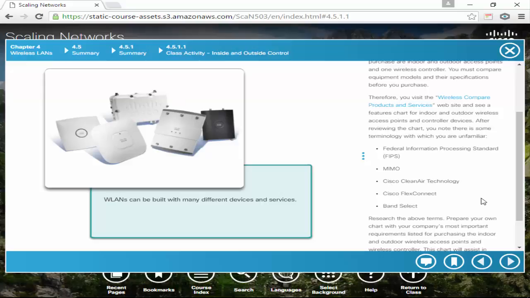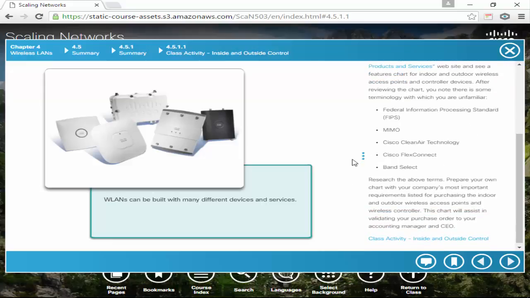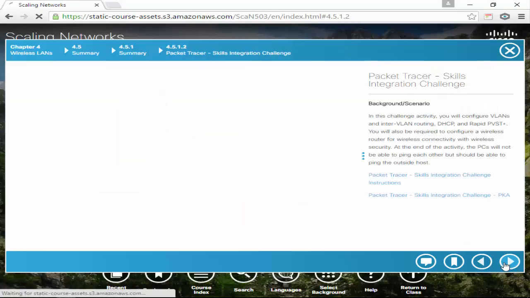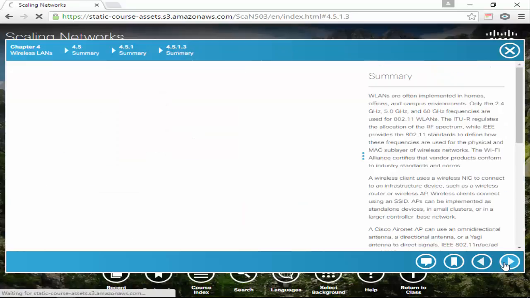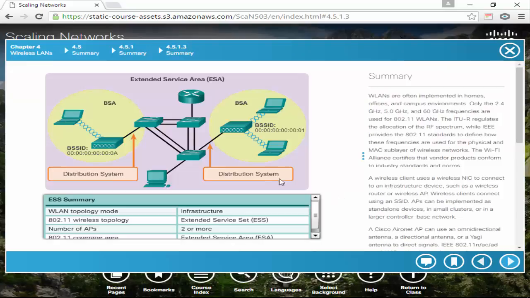Cisco Clean Air technology, it's checking the airwaves, looking for interference, looking for rogue access points, that kind of thing. Cisco FlexConnect, I believe that is a BYOD thing, but I do not remember. Band select, I would guess that's just telling you what frequency to put it on. Anyways, take a look at those if you're interested, or send me an email and I can give you more information on that.